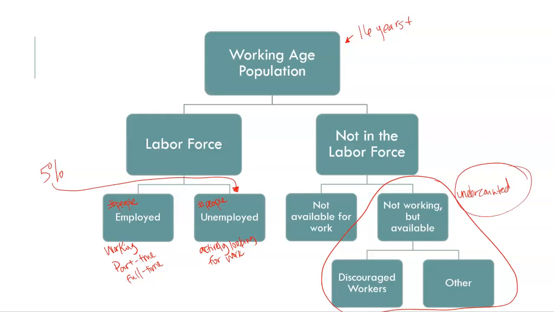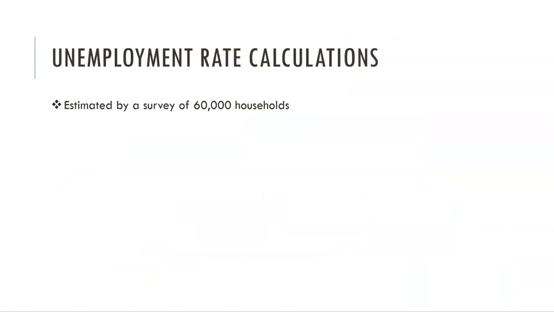And if this number is large enough, these not in the labor force people who want to be working, then our unemployment rate might be severely misrepresenting what's going on in our society. So how do we get the actual official unemployment rate?